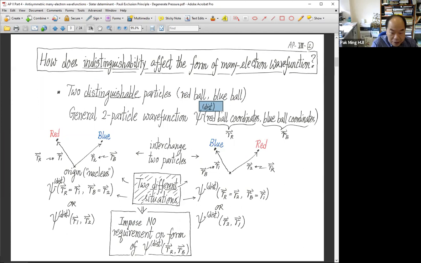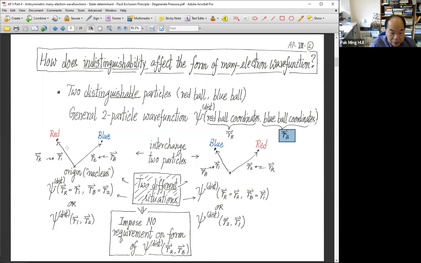I subscript it "distinguishable" just to make sure that you understand we are not talking about the particular problem that we want to do, the helium 2-electron problem or other atomic problem. It's distinguishable. So I use the first entry. Now there are 2 entries, right? Because I have a 2-particle wave function. The first entry has to do with the red ball coordinates. The second has to do with the blue ball coordinates, okay? So this is our red, this is our blue.